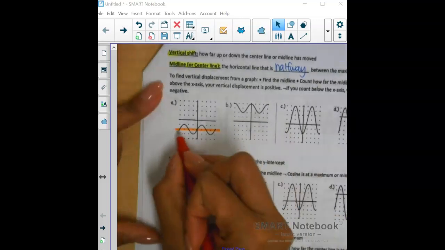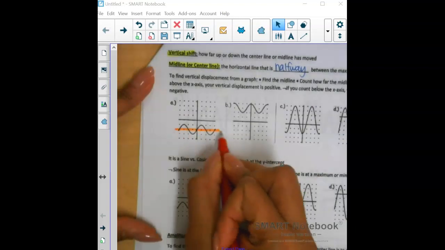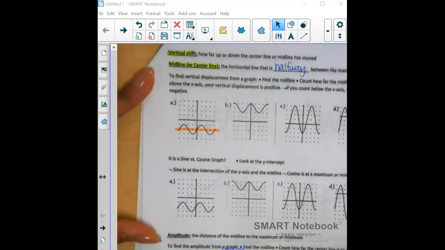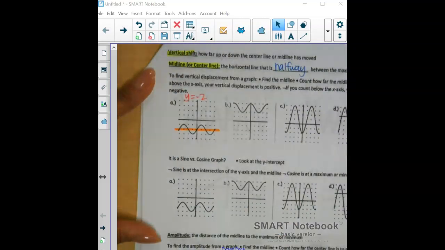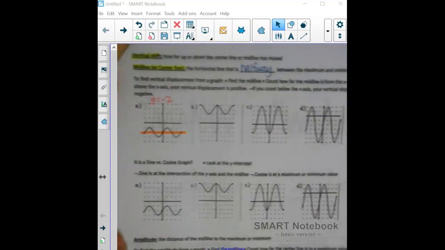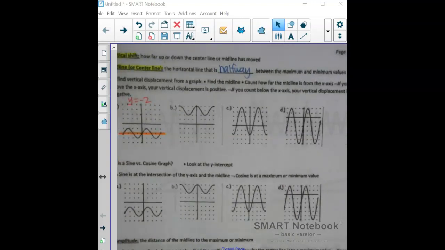Hussein, what's the equation for this line? Y = -2. Do the same thing for the other 3 graphs, guys. It's the exact same.